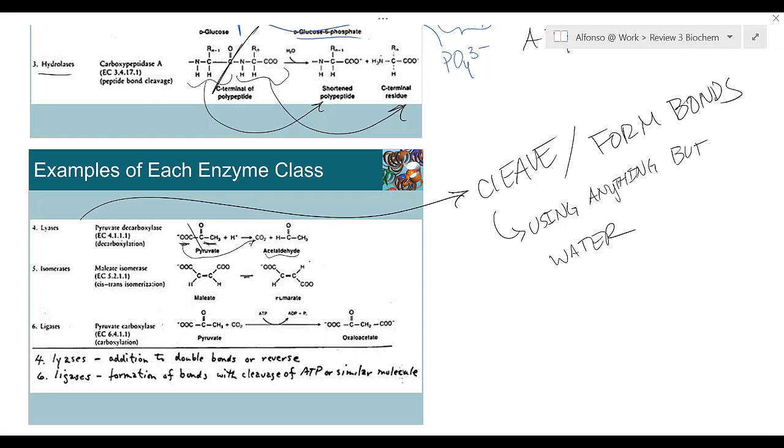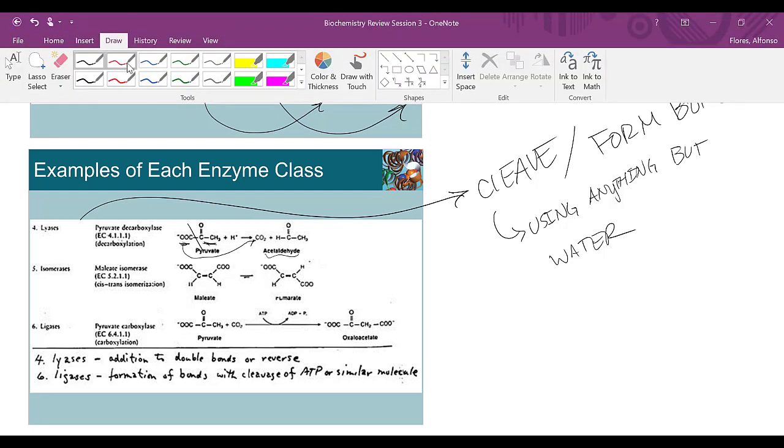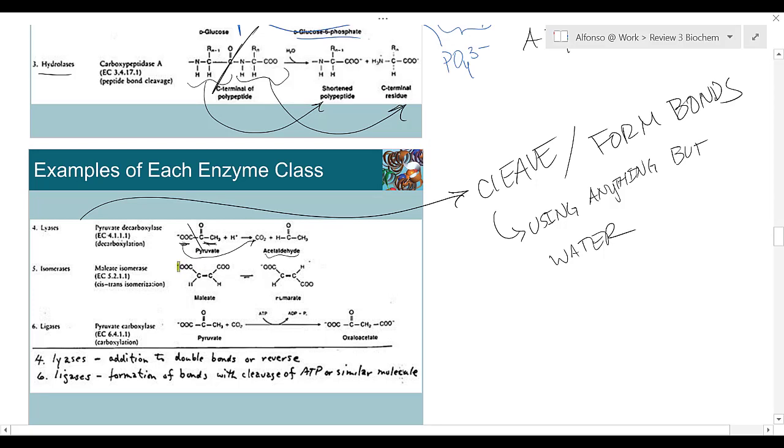And then isomerases, all they do is they rearrange molecules. So you see how there's these two CO2 groups on the same side? Well, this enzyme, maleate isomerase, takes this molecule and puts them on opposite sides. So that is an isomerase.